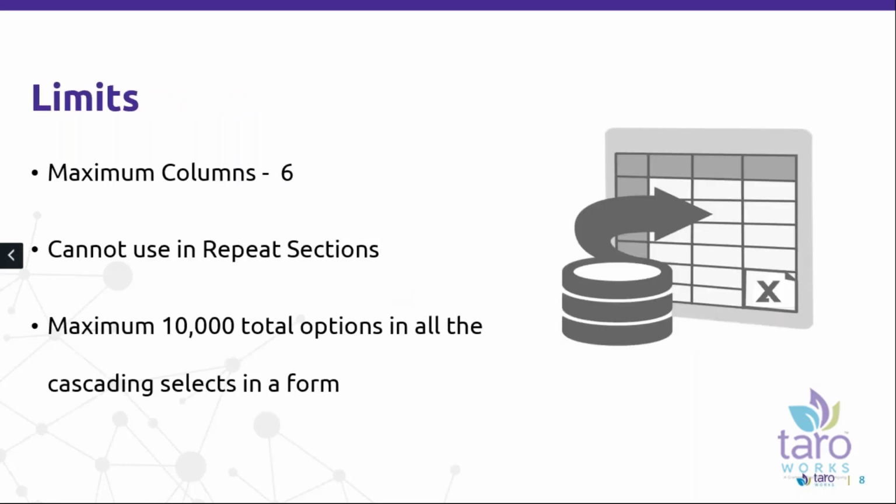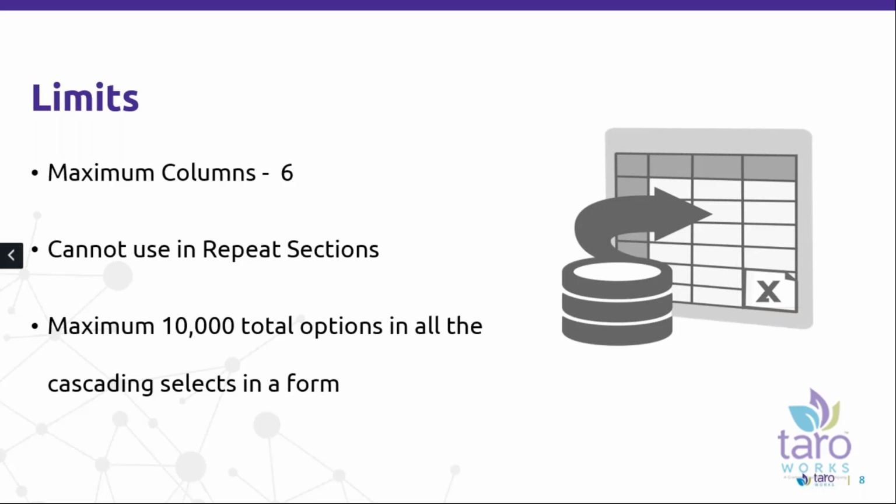There are also a number of limits when using Cascading Selects. Number one, the maximum number of columns should be 6. If the columns exceed 6, an error message is shown that there can only be 6 levels in a Cascading Select, if the uploaded file has 7 or more.